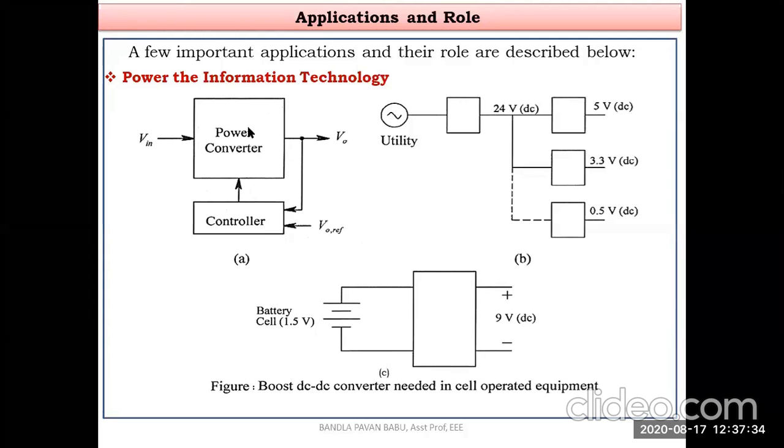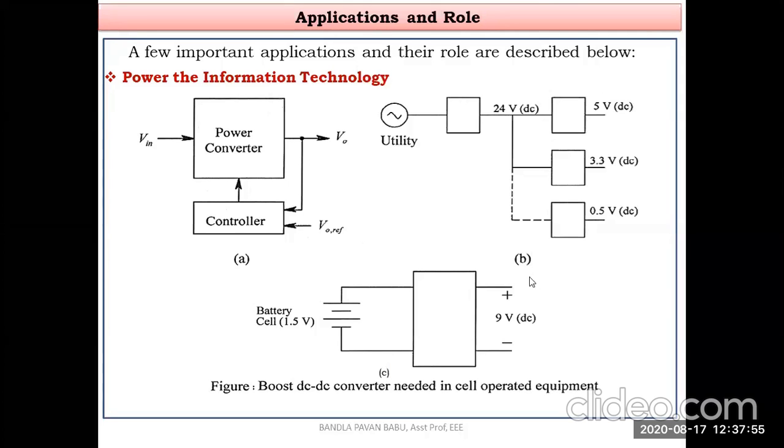Likewise, consider the other figure, figure B. This is similar to our charger: 230 volts AC, and this is the adapter here. Suppose I am using a smartphone. In that smartphone I want 5 volts DC.